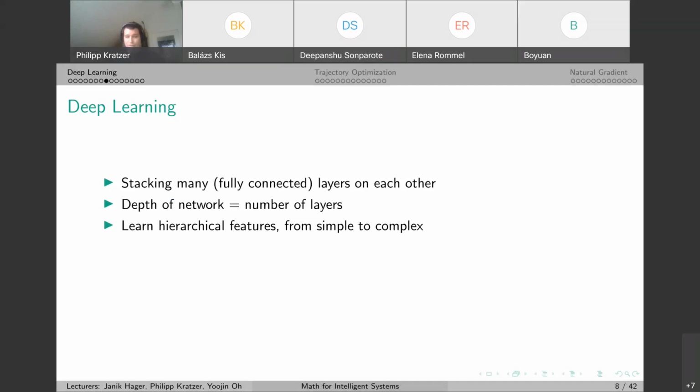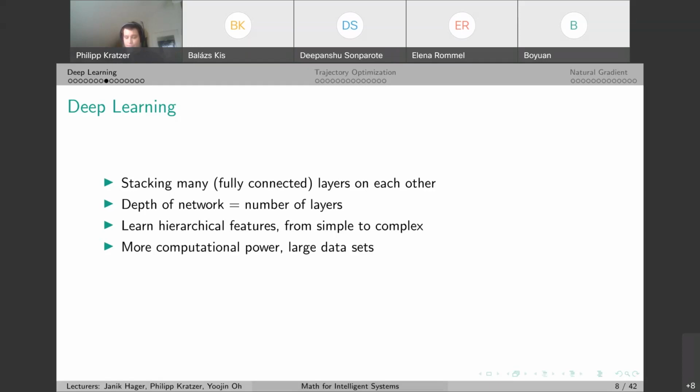And the idea of stacking these layers is that hierarchically, features can be learned that before needed to be designed by hand. Deep learning needs more computational power and needs more data sets.